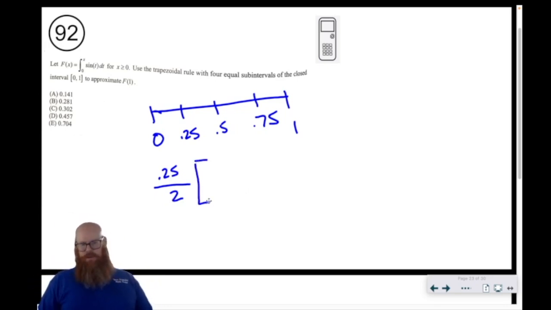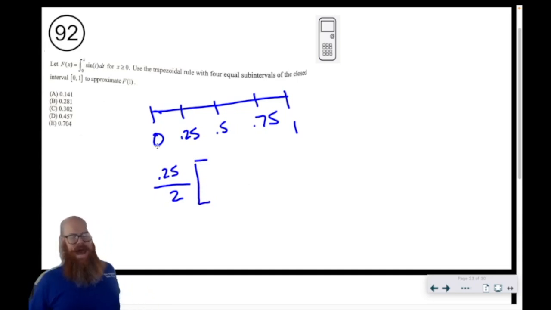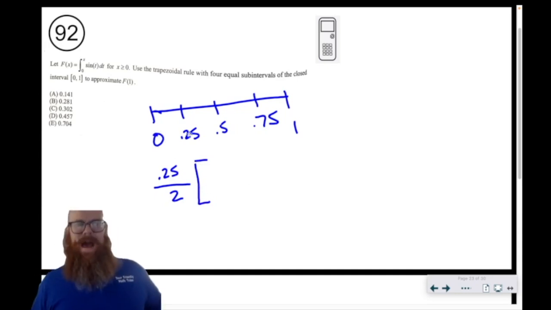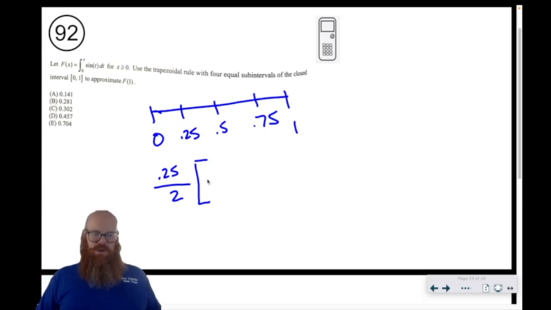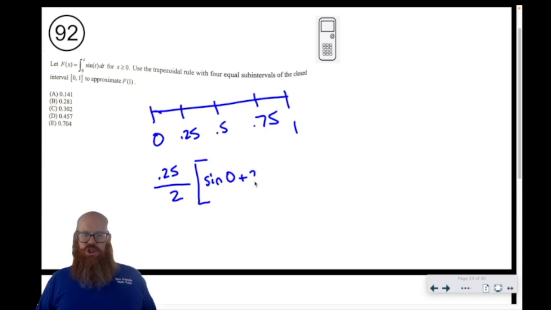And then what I'm doing is I'm adding the bases up. So it's going to be sine of 0. I know that's 0, but I'm still going to write it out. And then I have 2 of these, because the way this works is this base is part of this trapezoid and this trapezoid. So I get 2 of all the middle ones.